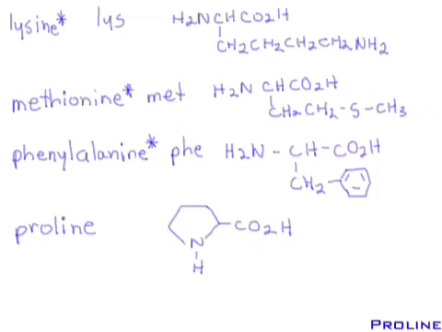Now, if I was to draw a circle around the standard fragment for amino acids, that would be this fragment. So you see we have a CO2H, a carbon with a hydrogen, but instead of an NH2, we have an NH that's in a ring. That makes our R group side chain these 3 CH2s that form the rest of the ring. So it's a bit unusual for that reason, and probably takes some memory work to learn. The abbreviation for proline is PRO. Proline is not an essential amino acid.